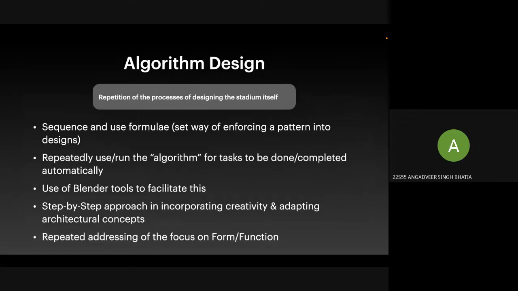It was very hard to just do it manually, so I had to use some Blender tools to facilitate this process to make it as geometric and symmetrical as possible. And I think this is a very algorithmic approach because it involves being able to use all your technical skills, like the Blender skills, to arrange them into one algorithm.